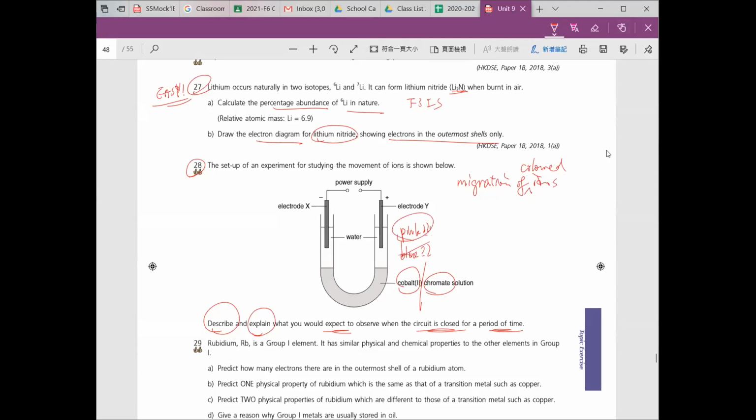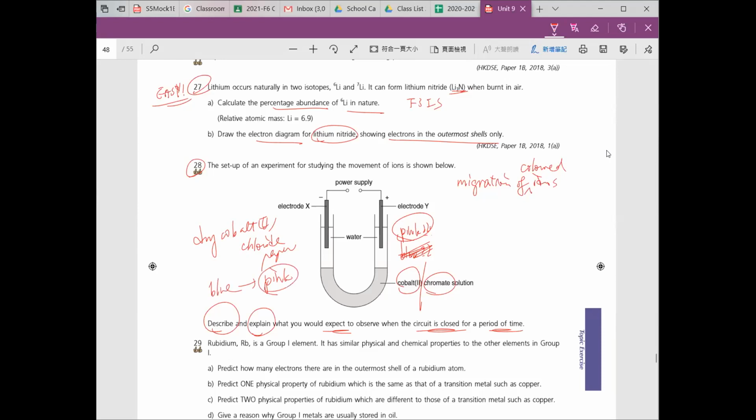Okay, it's pink. Maybe you have heard of the case about dry cobalt(II) chloride paper. Do you still remember that one? Or you will talk about when the paper is moistened, so the color becomes pink.